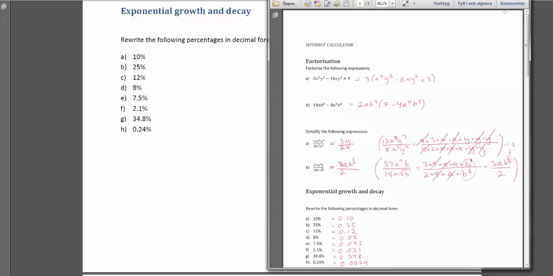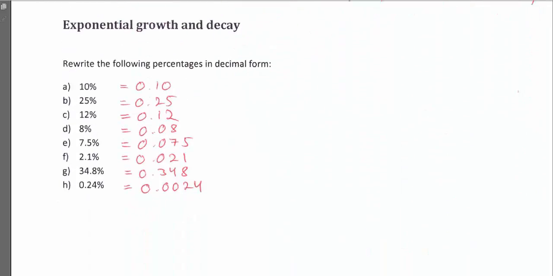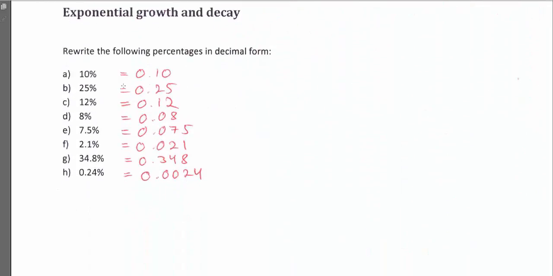If we look at these examples, we have the solutions here. So if I do like this, I'm going to scroll down a little bit. So 10% is 0.10 in decimal form, and here you see some examples. It's very important that you understand these.